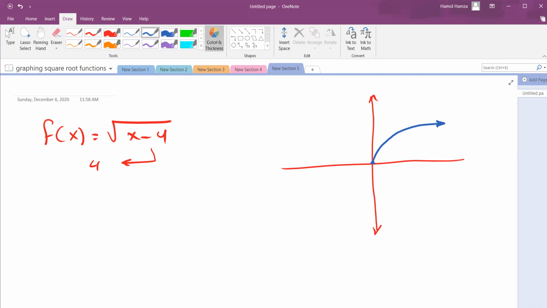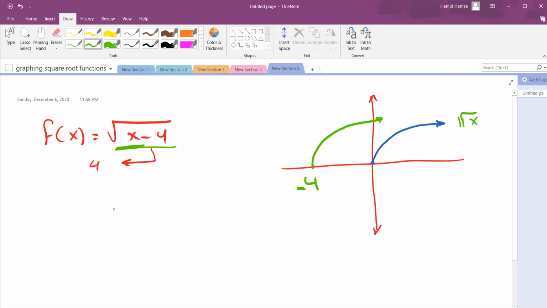So for the new one, if I wanted to graph this one, I'll move the starting point from 0 to negative 4 here and start it like this. So the graph will be like this. Okay, so this is the parent function, root x, and this is root of x minus 4.